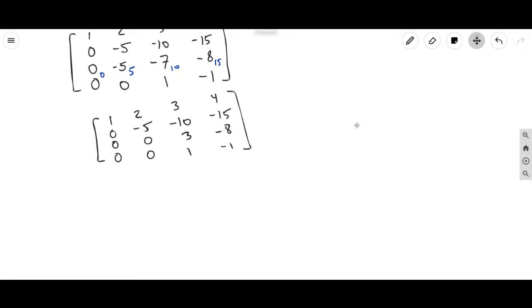Okay, we have this. And what we do next is, so you could flip these two rows. The temptation is to flip these two rows because after all, you have -7, not negative. Wait, yeah, 7.